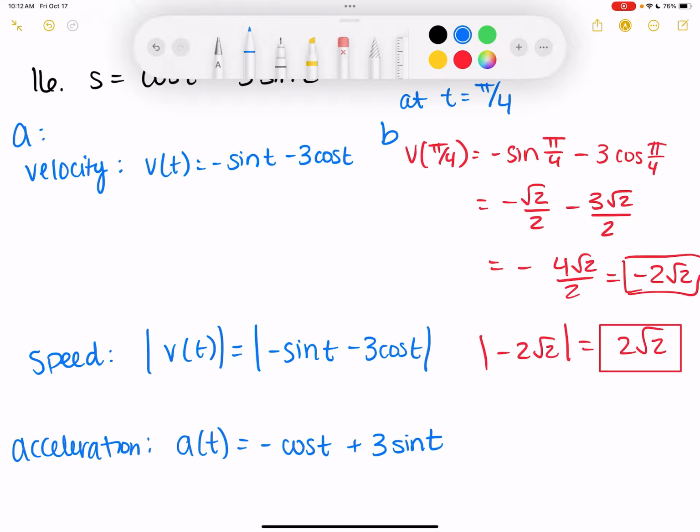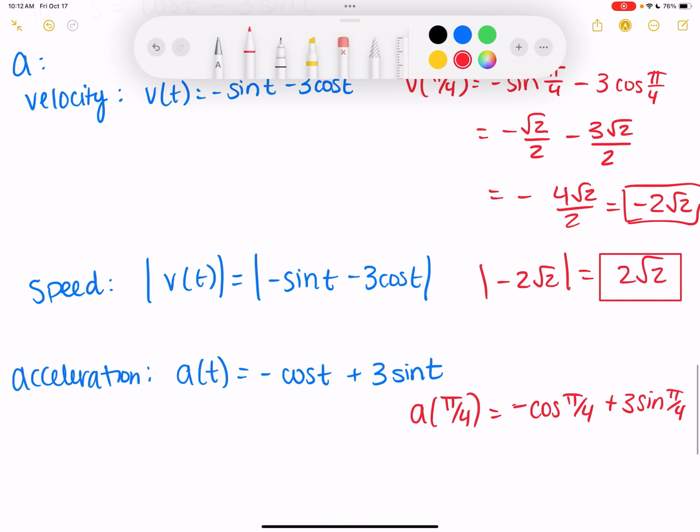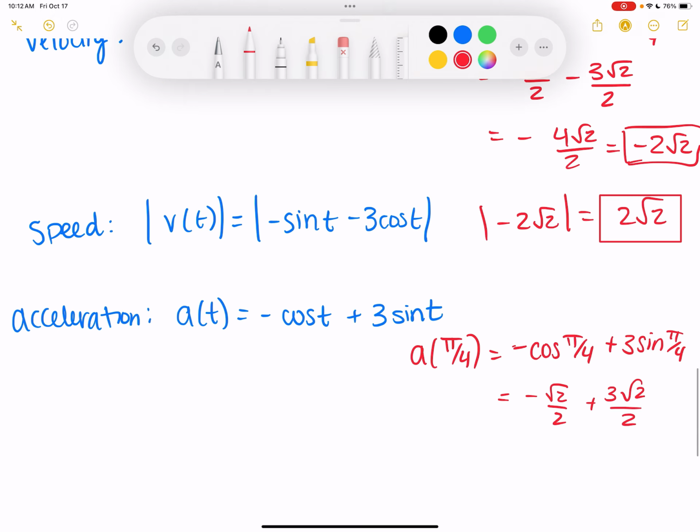So then we've got a of pi over 4 is negative cosine of pi over 4 plus 3 sine of pi over 4. So I've got negative root 2 over 2 plus 3 root 2 over 2, which is obviously just 2 root 2 over 2, or root 2.